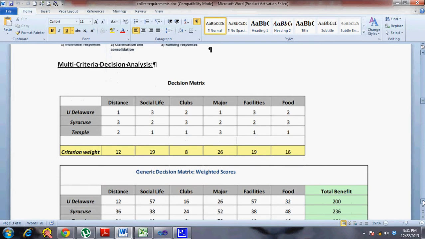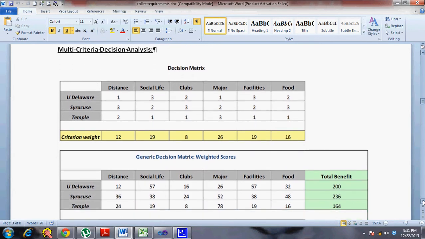Then multi-criteria decision analysis is used to do weightage, where there are multiple criteria involved. You rank or rate different options. So the options are on the row side. You have 3 rows here, and each one is an option. Then you have the different criteria as columns.